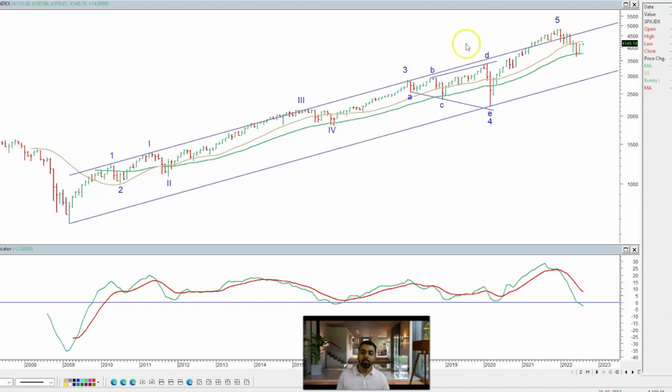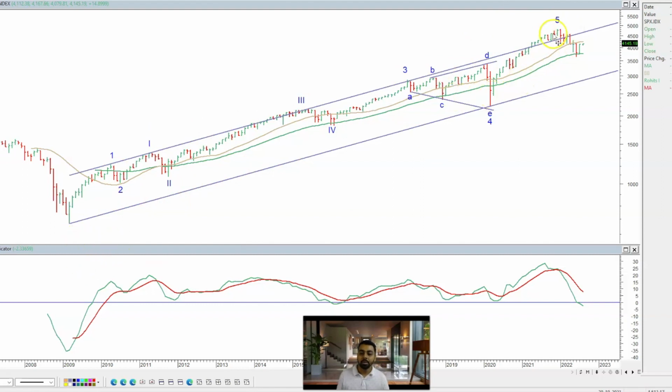Such scenarios, wherein we see price moving higher above the channel, are typically known as throwovers, and that occurs when there is excess optimism. And when we try to combine it with Elliott wave, you can see that there has been a clear 5-wave rise from the 2009 low.